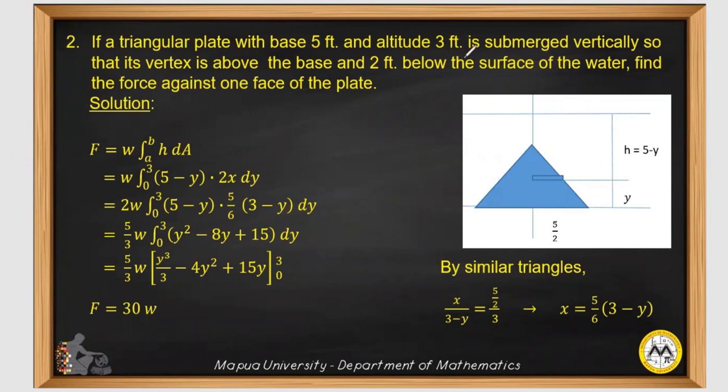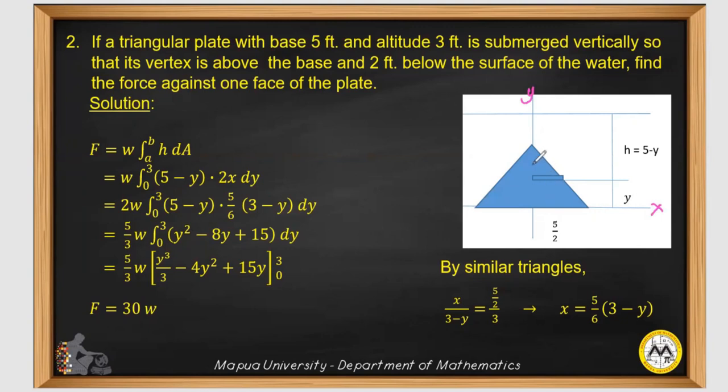And it is submerged vertically so that the vertex is above the base and 2 feet below the surface of the water. Find the force against one face of the plate. So we have to draw the triangular plate, and for convenience, we let this vertical line be the y-axis and let this be the x-axis.